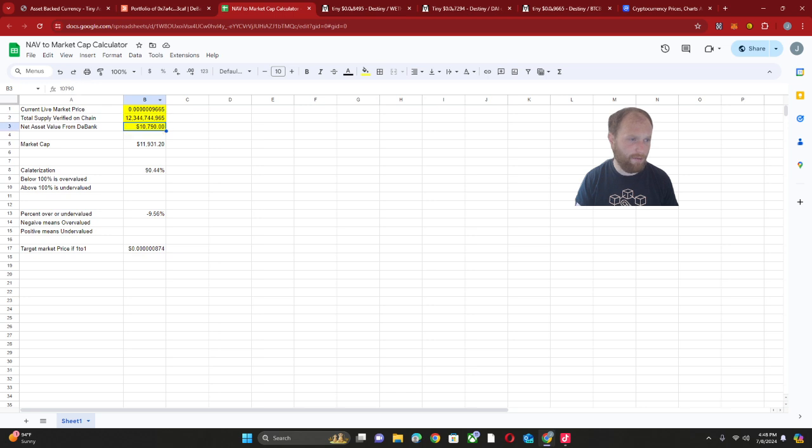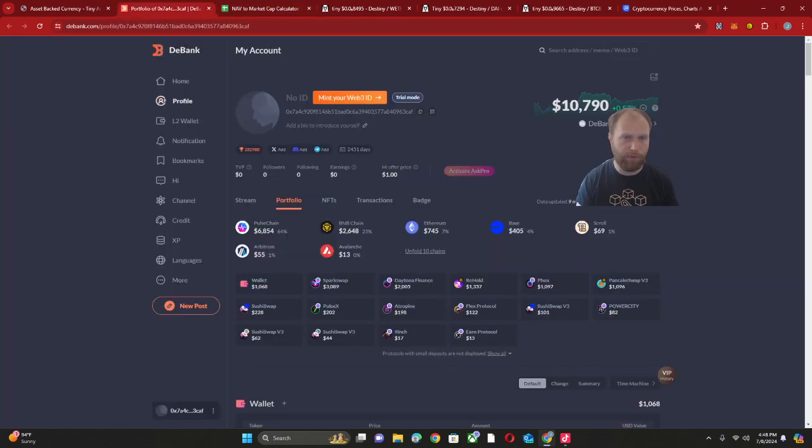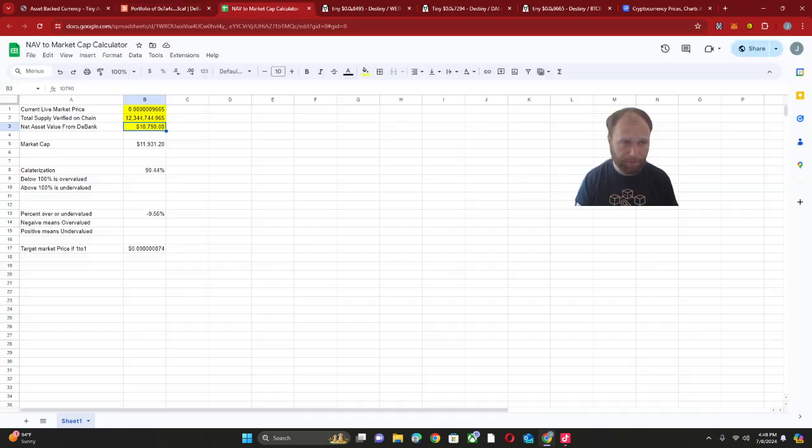I already have the assets under management right there from Deep Bank. So that shows that this overpriced one is 90% collateralized. This is the target, what it actually should be at. So you can compare this number to these three numbers right up here. That's the easiest at-a-glance way to do it.